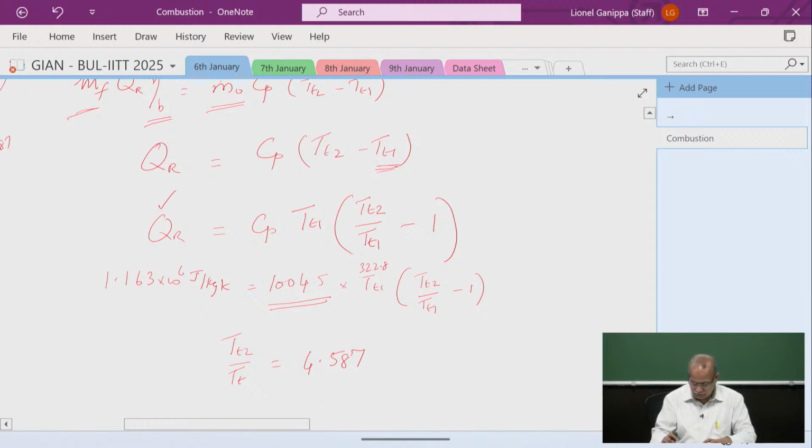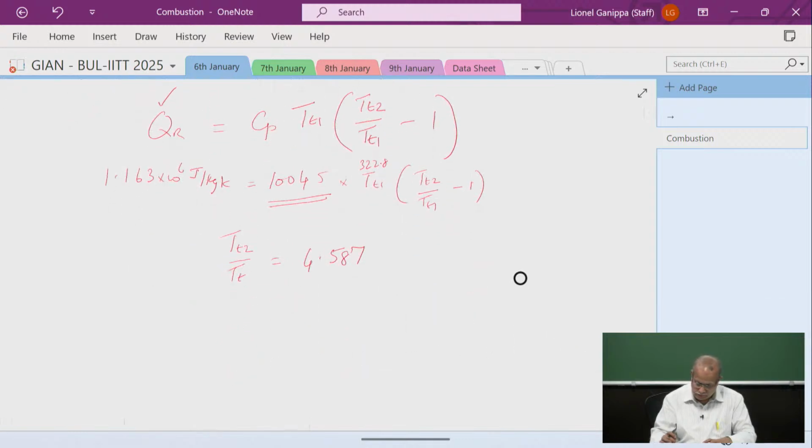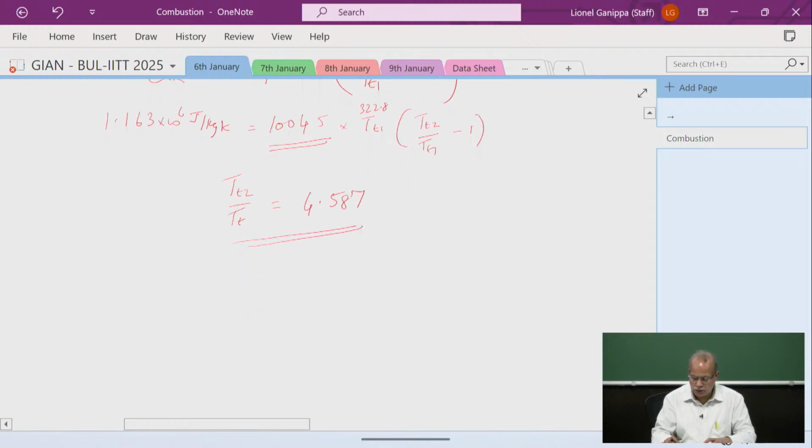4.5869. Is that what others are getting? TT2 by TT1. Okay. Should I slow down? So others are getting the value 4 point.